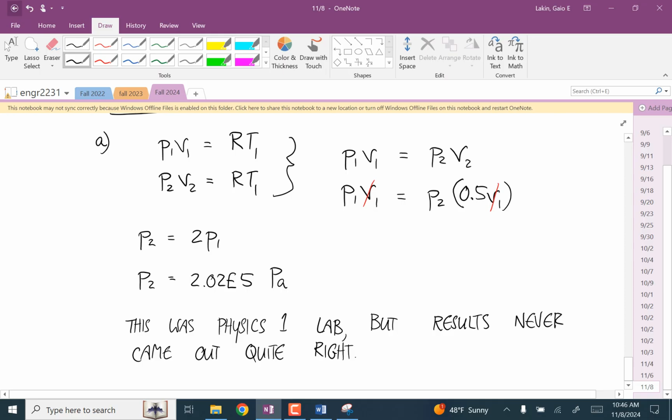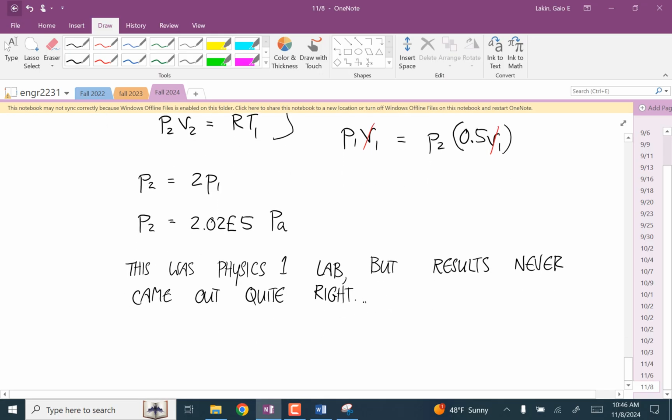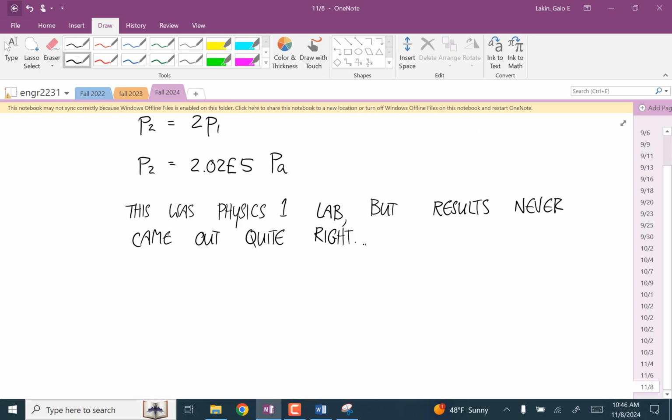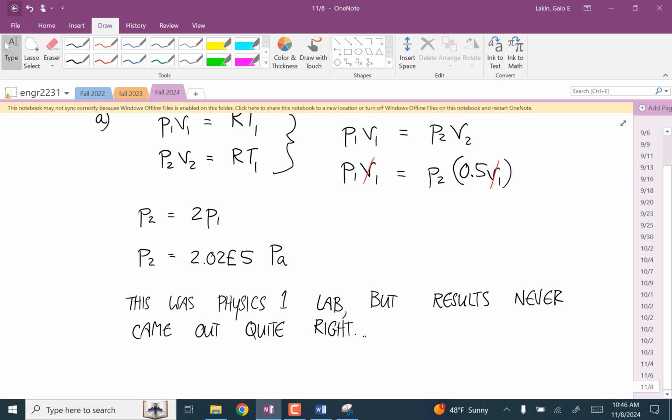And so the issue was that this syringe is plastic, and heat just doesn't transfer through that plastic very well. So what if instead of assuming that the temperature stays constant, we assume that no heat transfers across the boundary of the syringe?